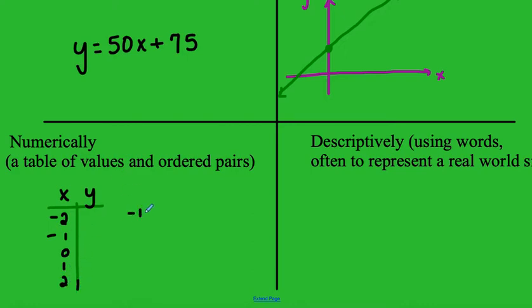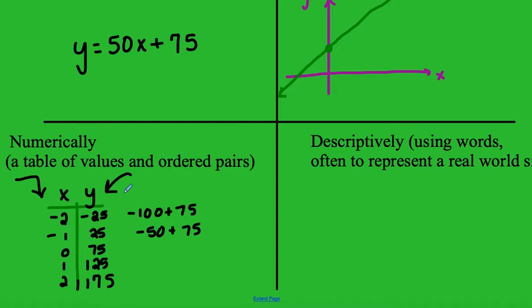So that's going to give me -100 plus 75, which is -25. -50 plus 75 is 25. 0 is 75. 1 is 125, and then that's 175. So this is a numerical representation of that function, meaning at these inputs, it gives me these outputs.